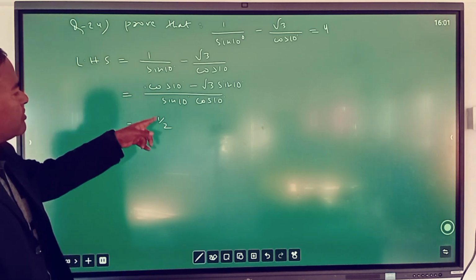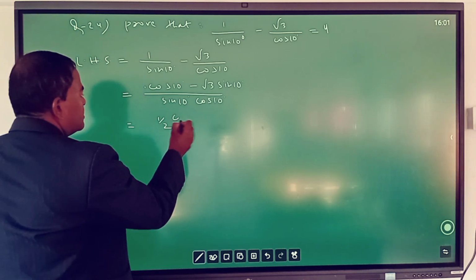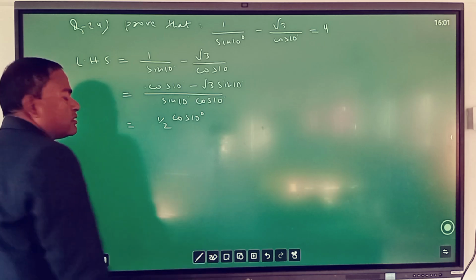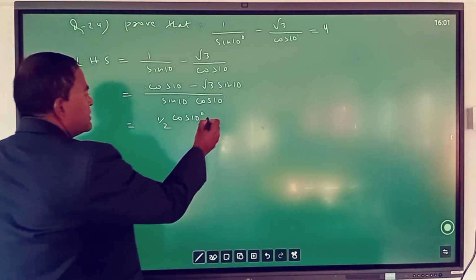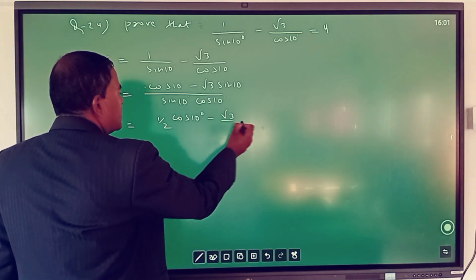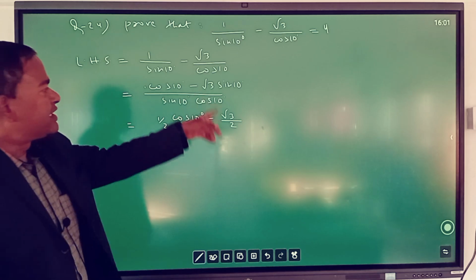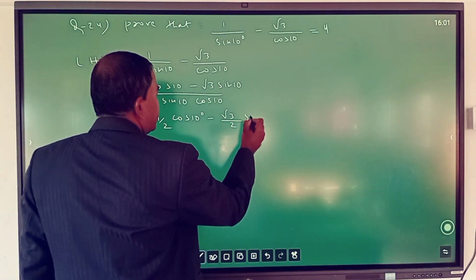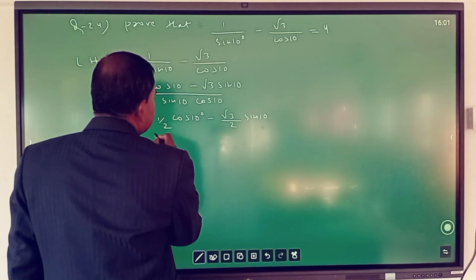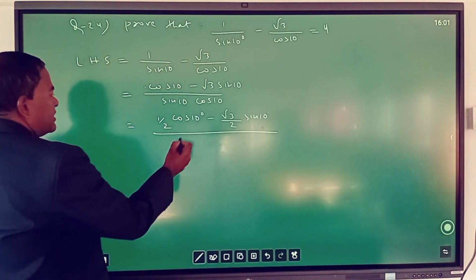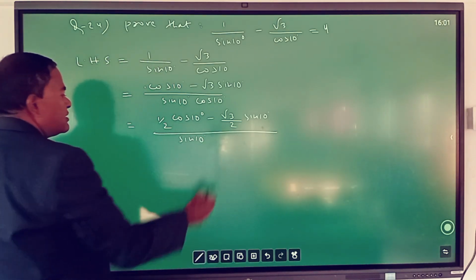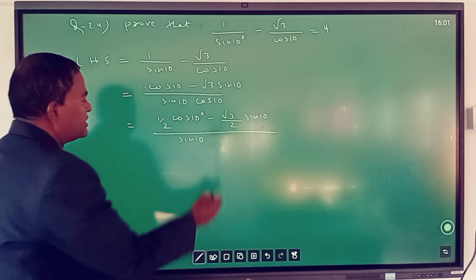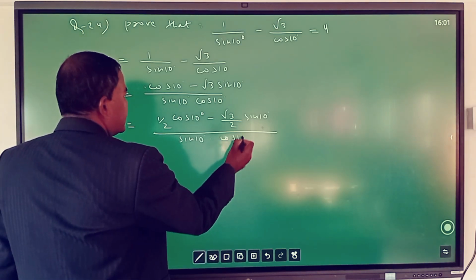So dividing 1 by 2, we get 1 by 2 cos 10 degree minus root 3 divided by 2. Then we get root 3 by 2 sin 10 degree divided by sin 10 degree times cos 10 degree.